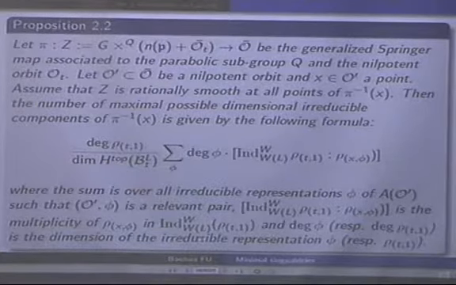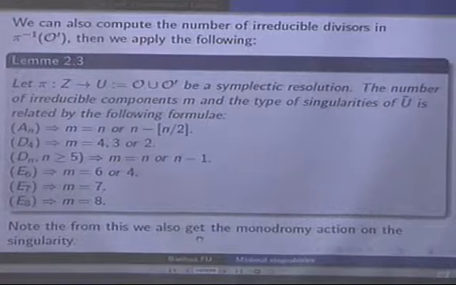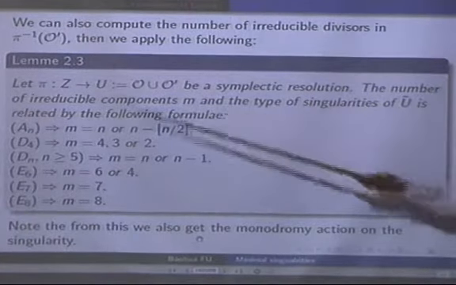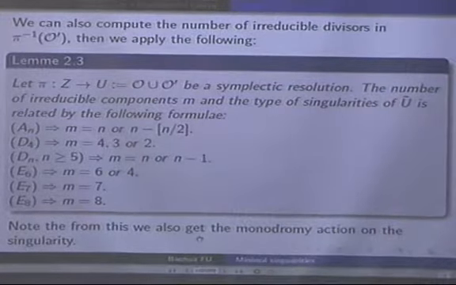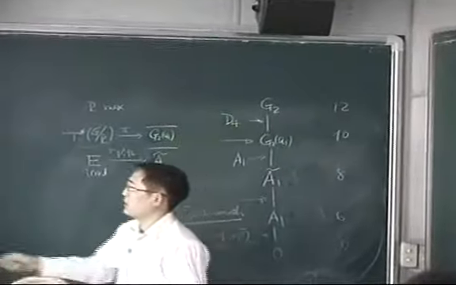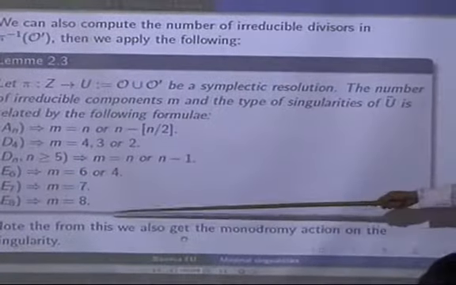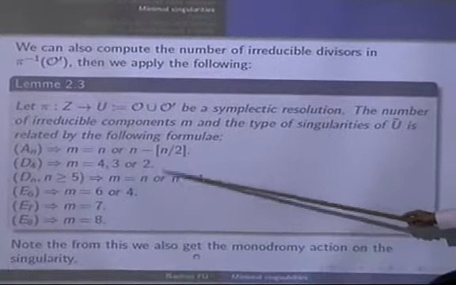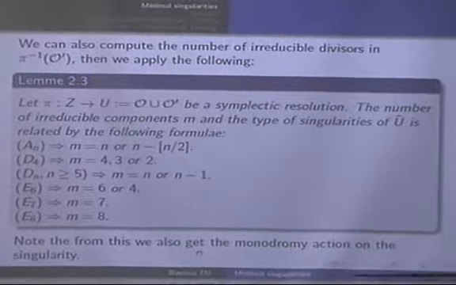And from this, we can also compute the number of irreducible divisors in the exceptional set, just by an argument for the Betti numbers. And from this, you can compare the two to get some information on the types of the singularities. So there are some types, for example, like this. Still, this is not enough to determine all the types.